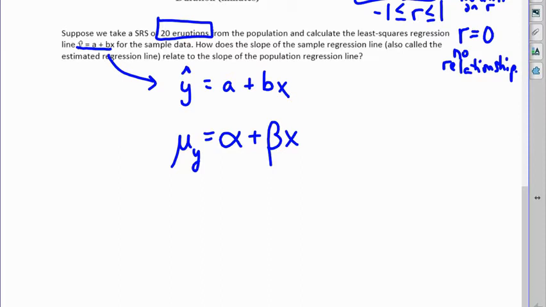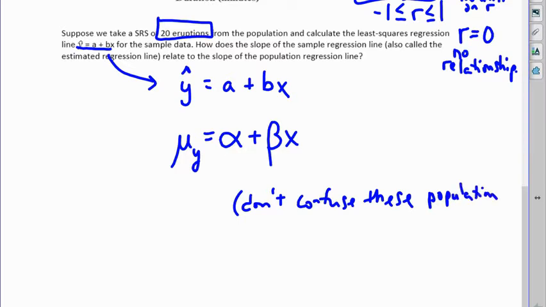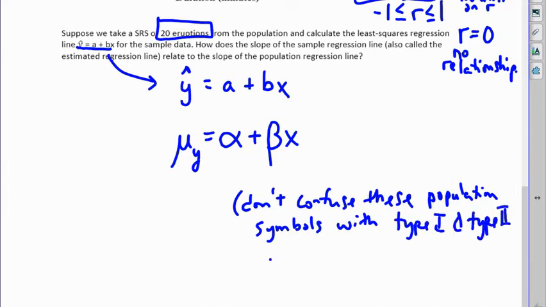And I know we use beta for the probability of type 2 error, but don't confuse these population symbols with those errors. They just are repeating those symbols, but what can we do? We're just not all that creative.